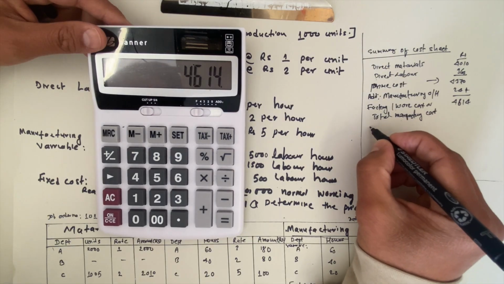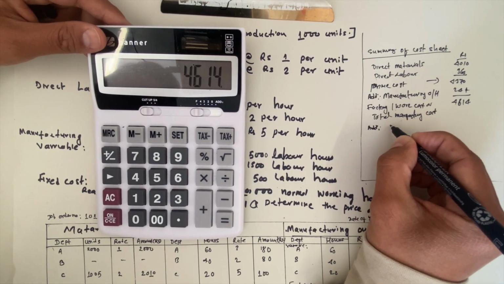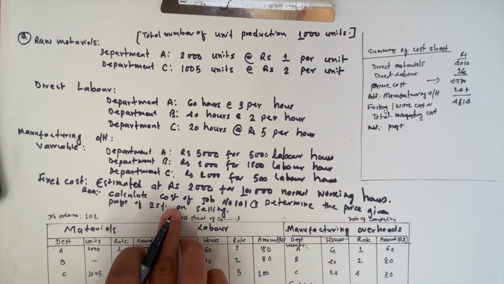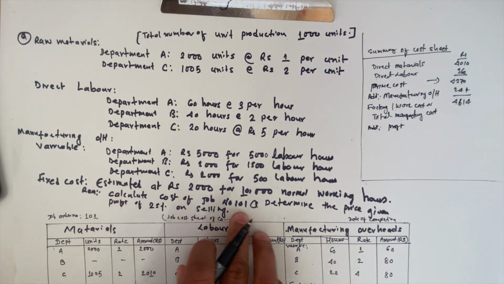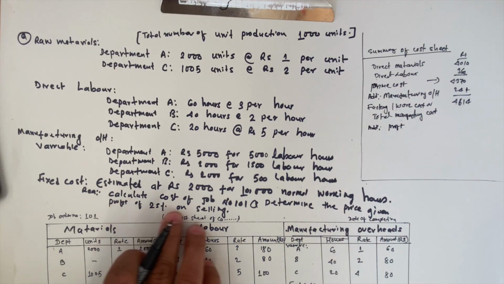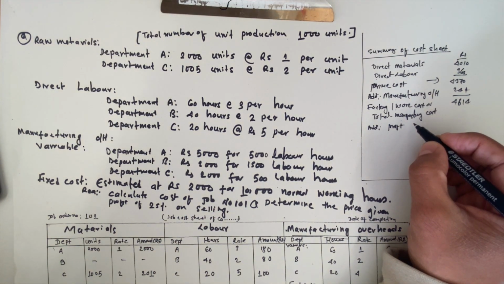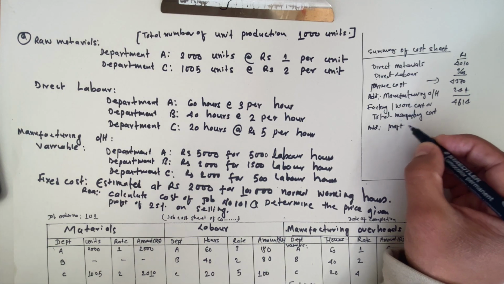Then we add the profit. The profit percentage is given over here: calculate the cost of the job order cost, determine the price given profit over 25% selling price. So we add 25% of the selling price.